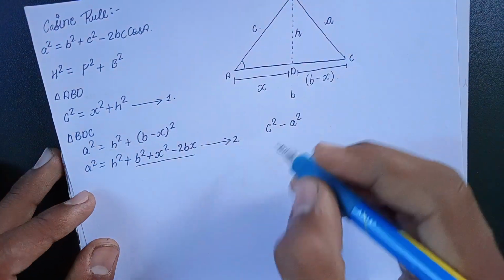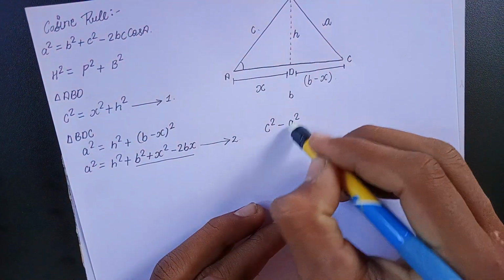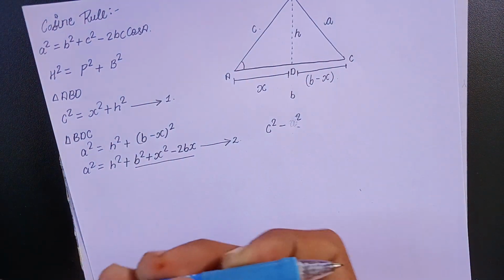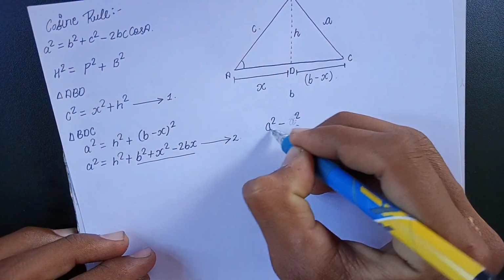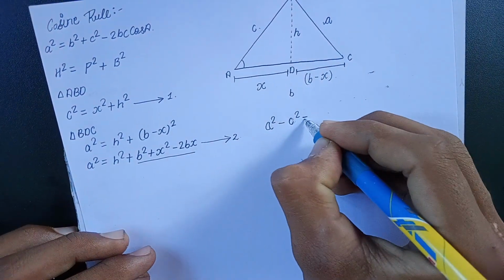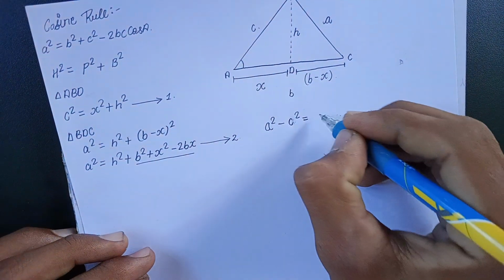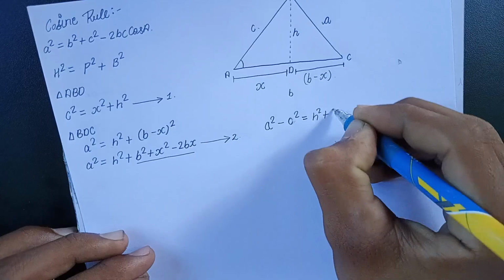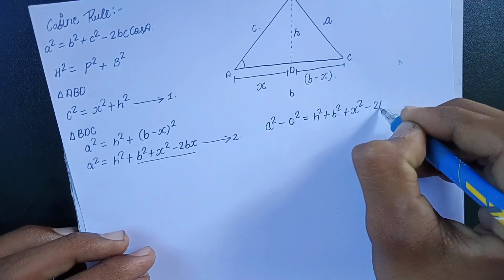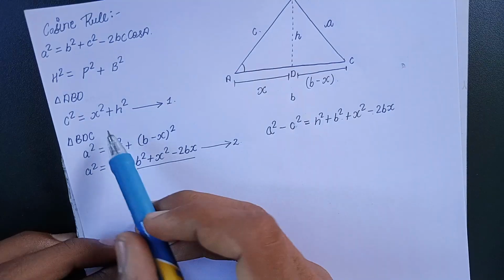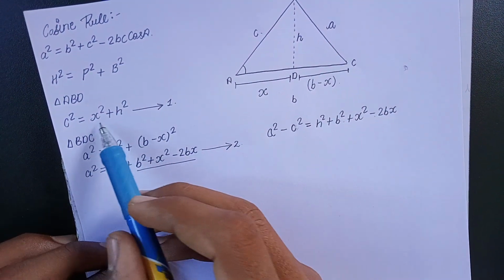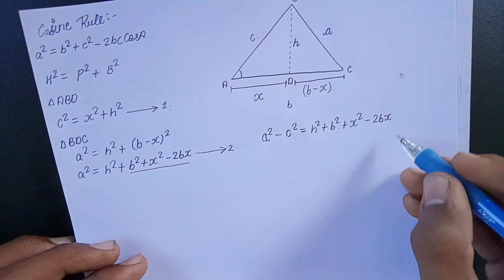Sorry, that's a mistake in what I said, we are subtracting equation number 1 from equation number 2. So we can write a square minus c square is equal to h square plus b square plus x square minus 2bx, and we subtract this side of equation number 1 from here.